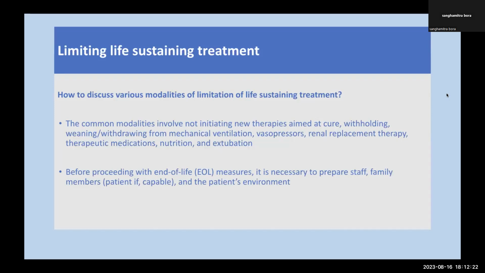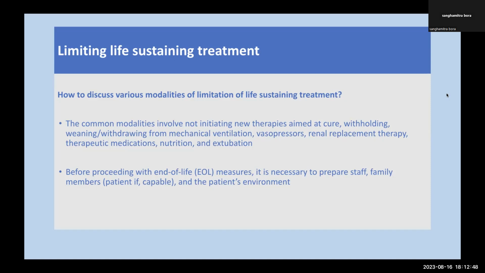Limitation of life-sustaining treatment: how to discuss the various modalities. Firstly, the common modalities involve not initiating new therapies aimed at cure, and withholding, weaning or withdrawing mechanical ventilation, vasopressors, renal replacement therapy, therapeutic medications, nutrition, and extubation.